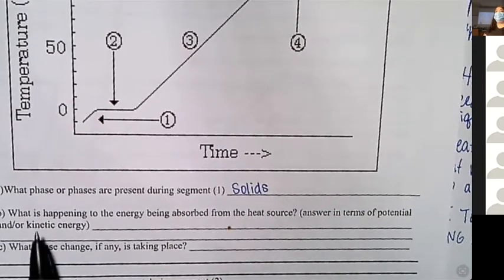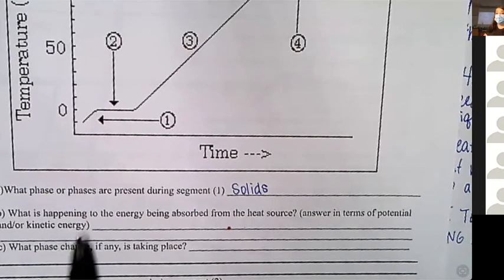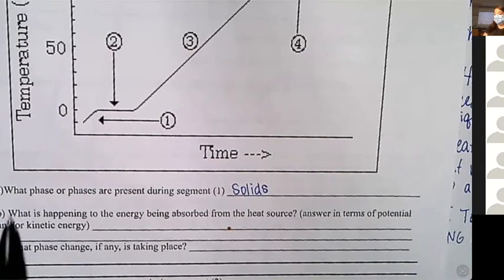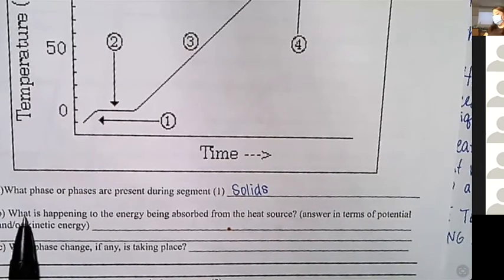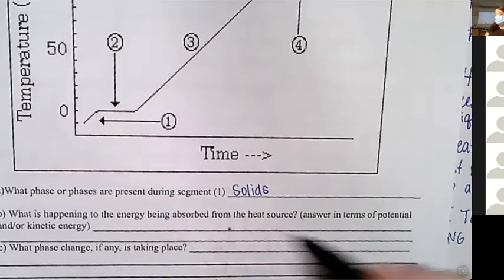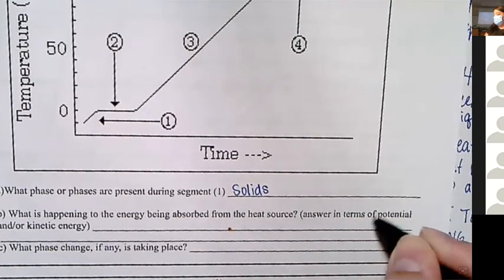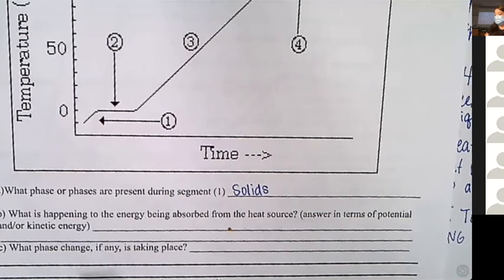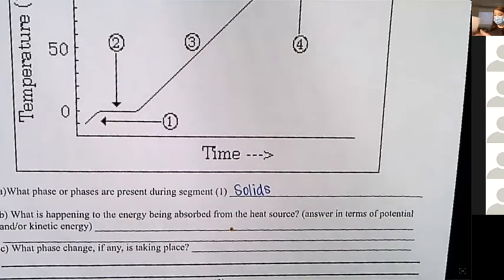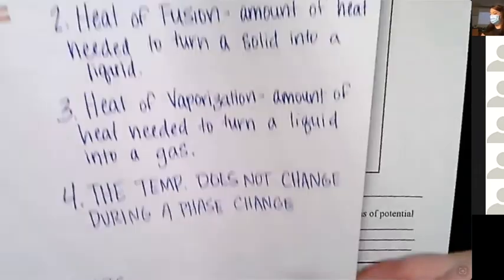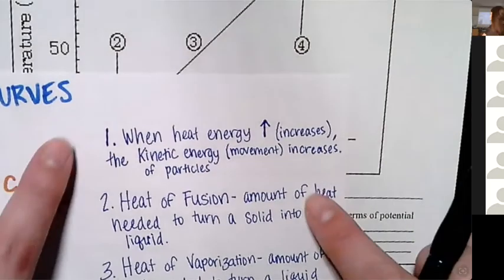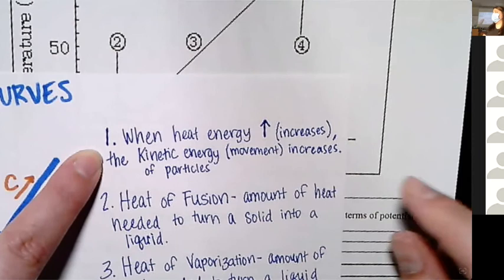All right, so look at B. We actually put something on our notes to help you answer these questions. For 1B, it says, what is happening to the energy being absorbed from the heat source? It says, put your answer in terms of potential and or kinetic energy. Let me direct your attention to number 1 from the side over here.